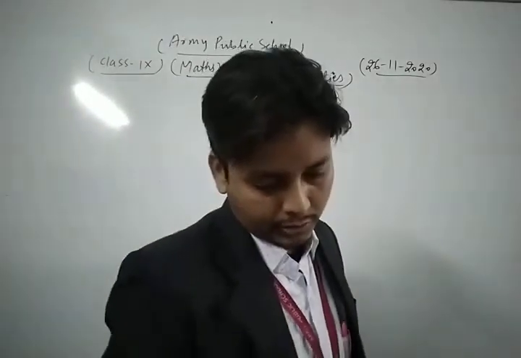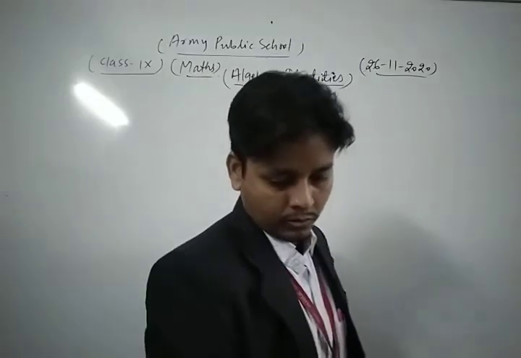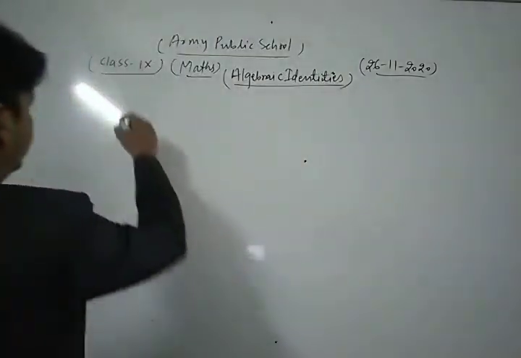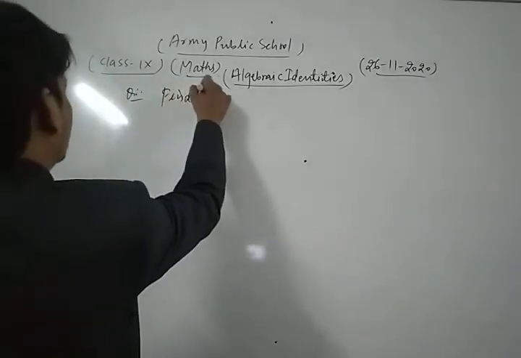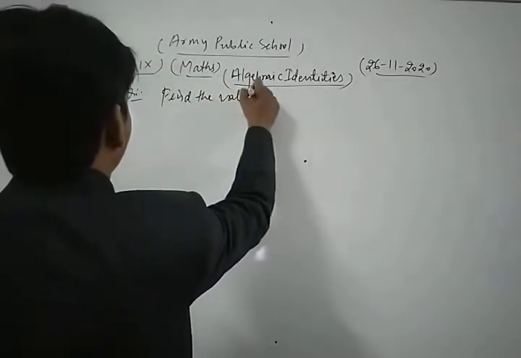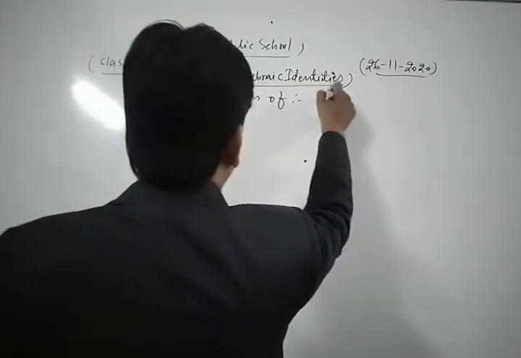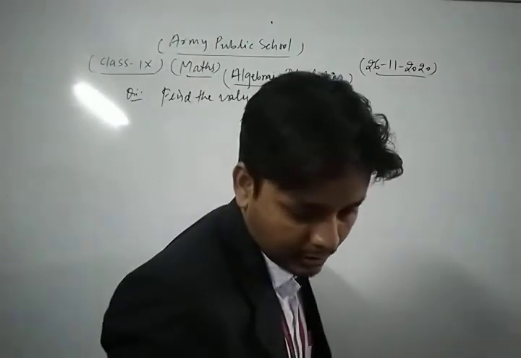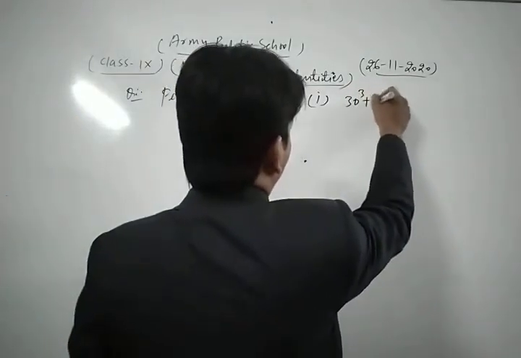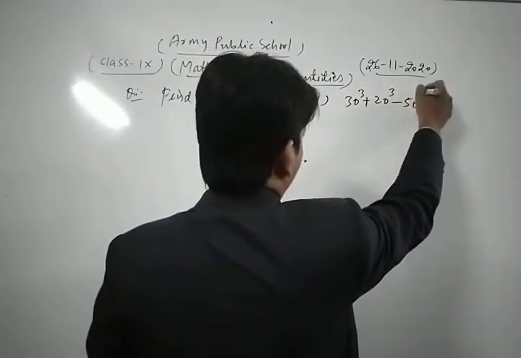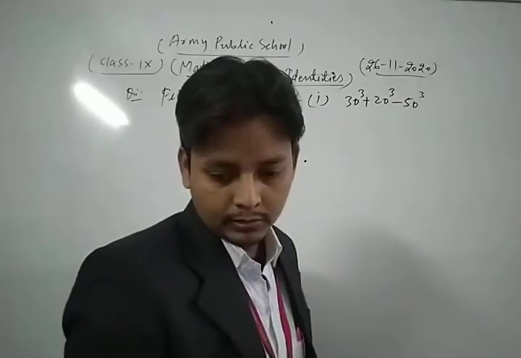Now let's see some other question. We take some important question: find the values of, first part, 30 cube plus 20 cube minus 50 cube.